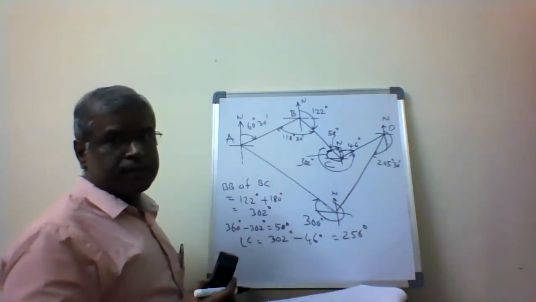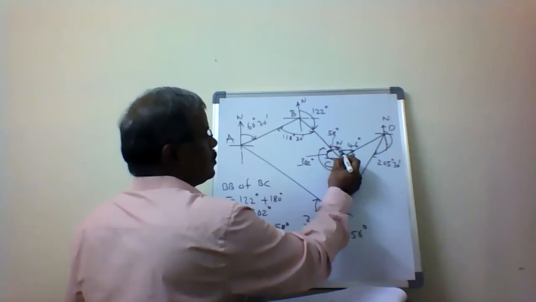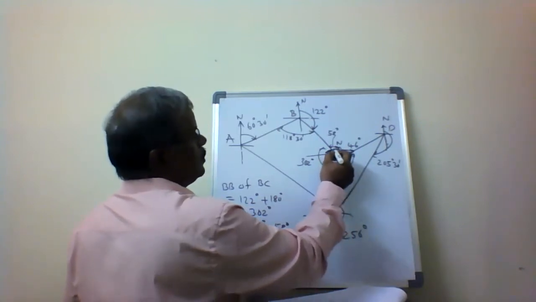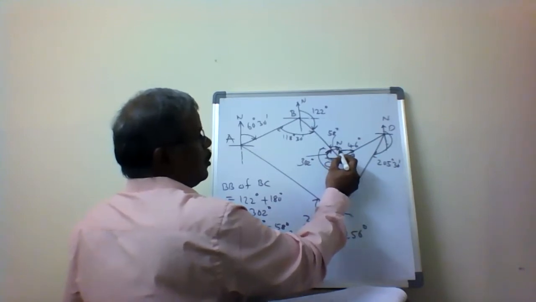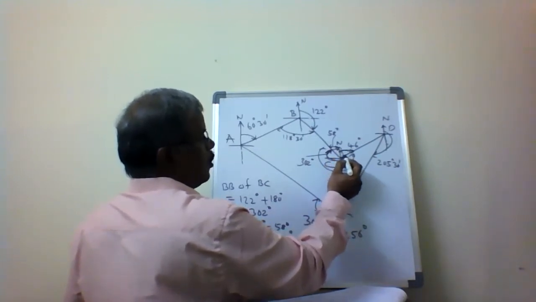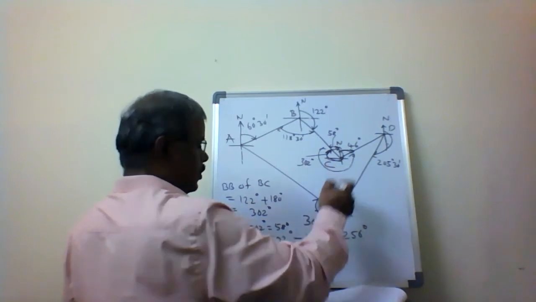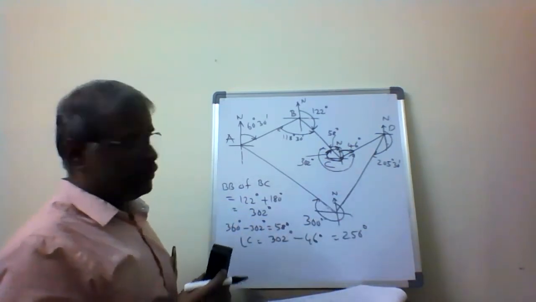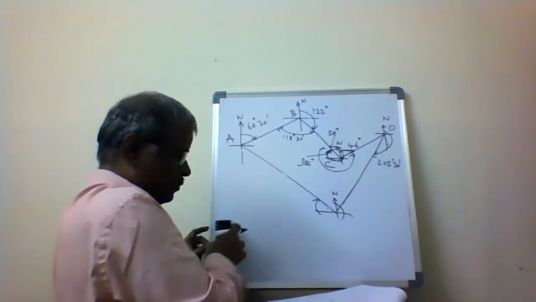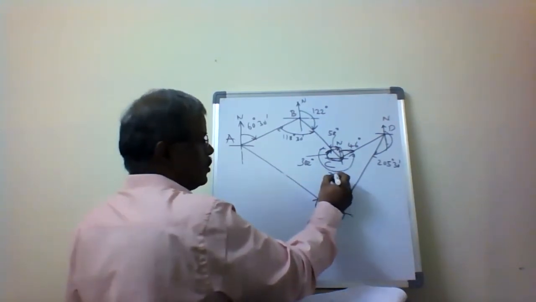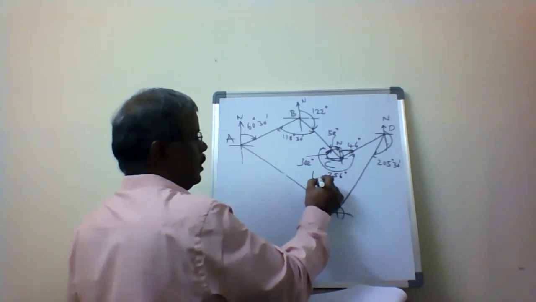The 302 is the backward bearing of BC, and then I subtract 46 to get the included angle. So angle C is 256 degrees.